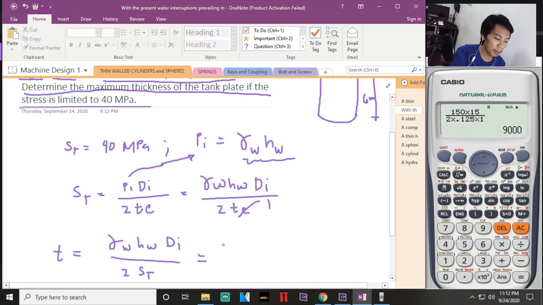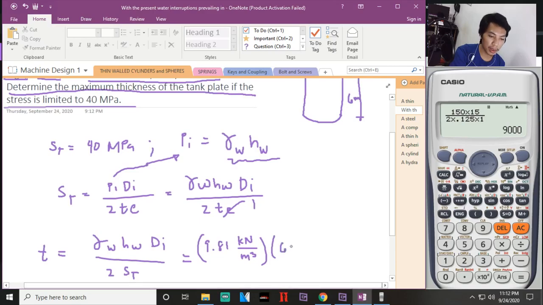Ano bang gamma ni water? Ang gamma ni water is given by this one, 9.81 kilonewton per meter cube. Okay. Yung height ni water, that is 6 meters. Tapos, yung Di, that is 6 meters too. Okay? Divided by 2.